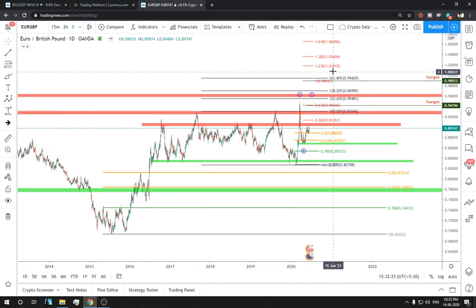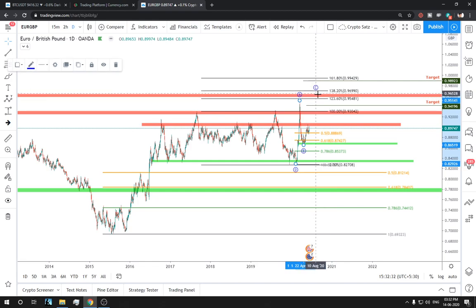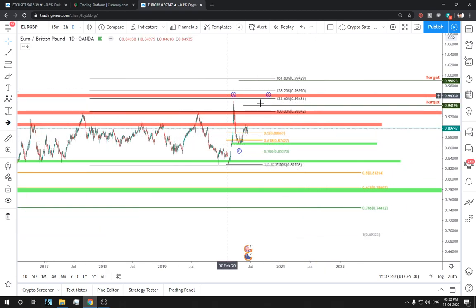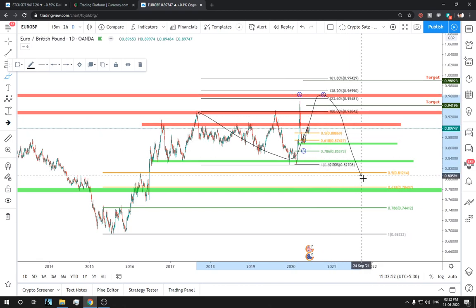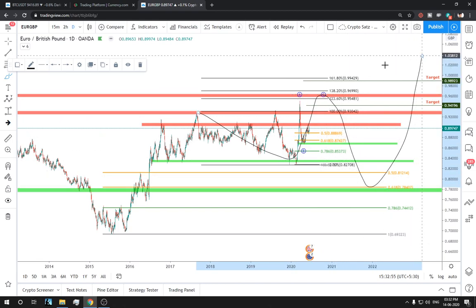So in the coming days my targets for EURGBP would be like this: ABC, and then I move to the downside. Something like we have a flat correction, so this is A, B and a C, and then kick off to the upside. So this is what I'm looking at on EURGBP in the coming days.